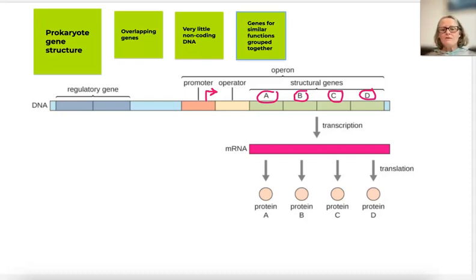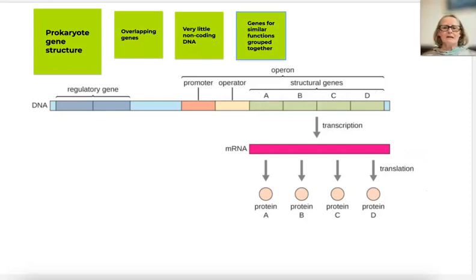We copy it all at the same time, and we make 4 proteins from it. So if all these were involved in the same metabolic process, maybe they were metabolizing lactose sugar, and you need all these 4 proteins to do that job, they would all be turned on at the same time and all made at the same time.